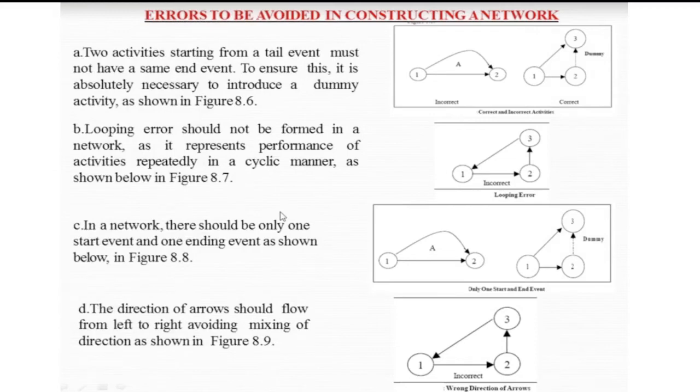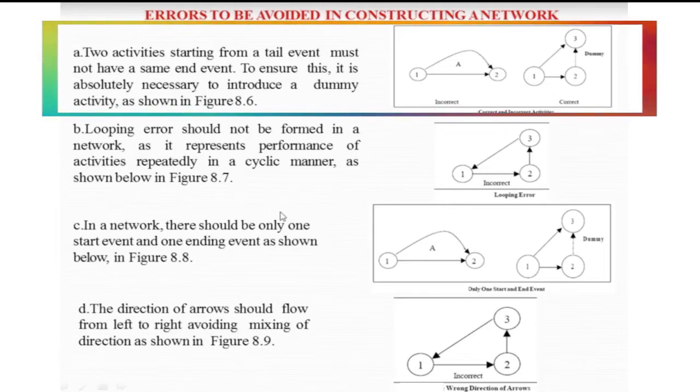Now we have to avoid some errors in constructing our network in our graphical view representation. The first one is that two activities starting from a tail event must not have the same end event.